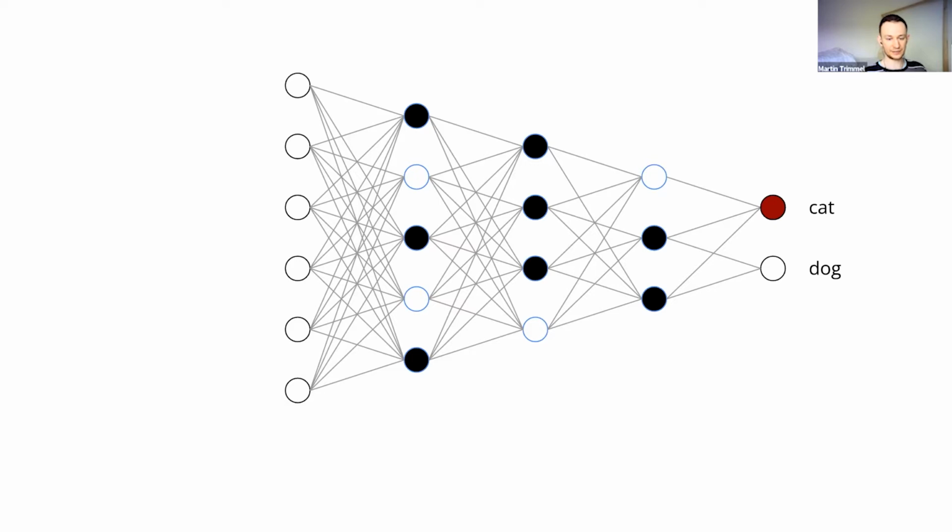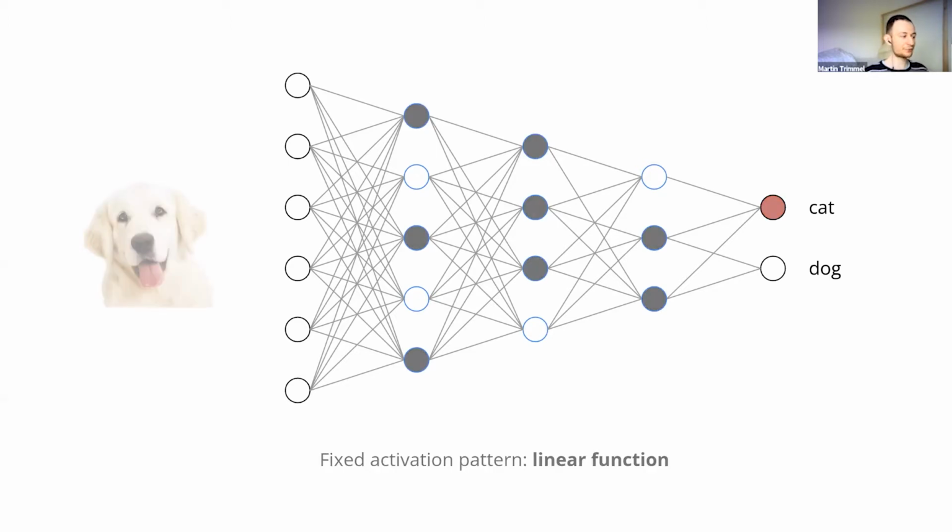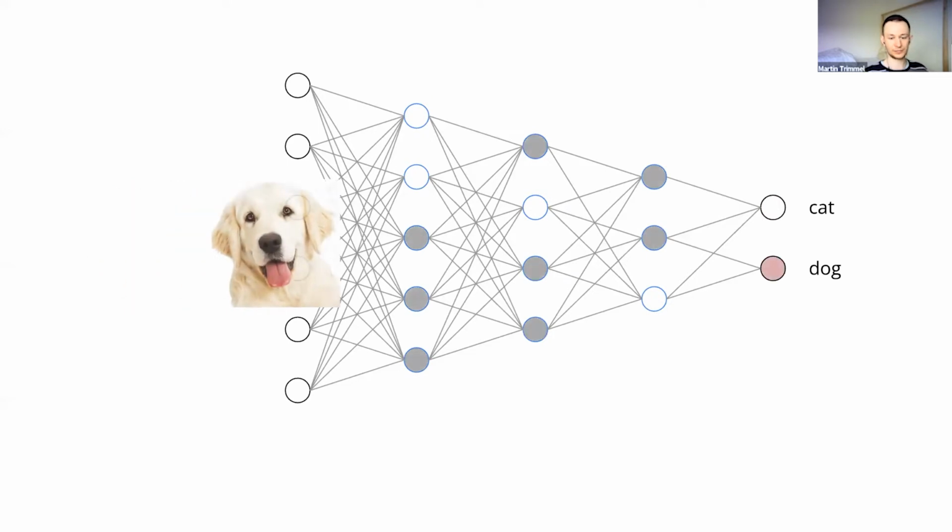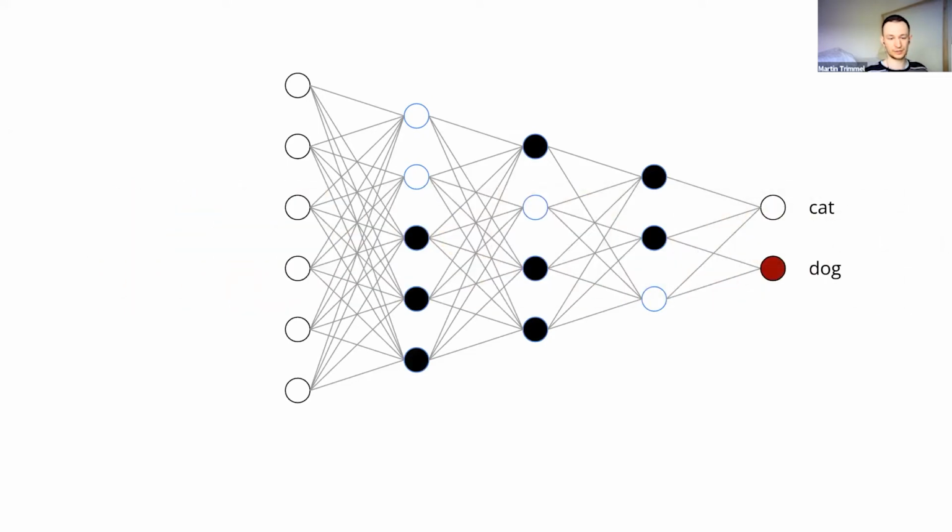For a fixed activation pattern, the network is a simple linear function. When we take a different image and pass it through the network, different nodes get activated, leading to a different linear function.